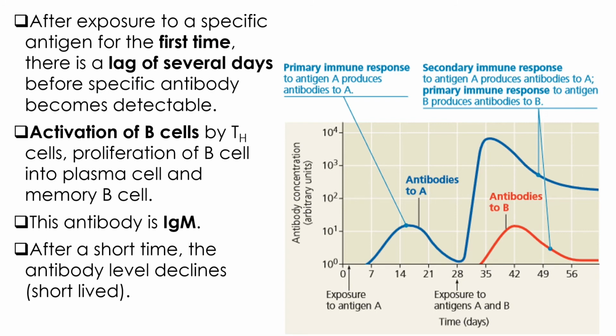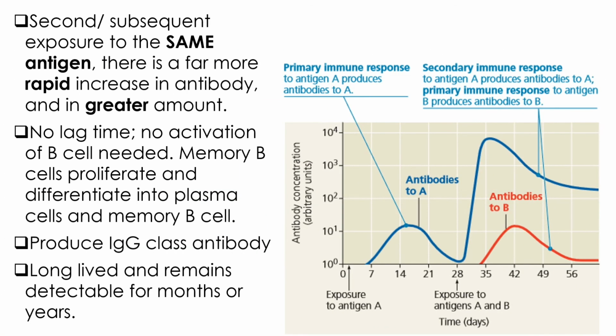Next, if the person gets infected by the same antigen, which is antigen A, you can see that the concentration of the antibody rises rapidly and in greater amount in comparison to the primary immune response. In addition, the antibody is detectable almost immediately after exposure to the antigen.